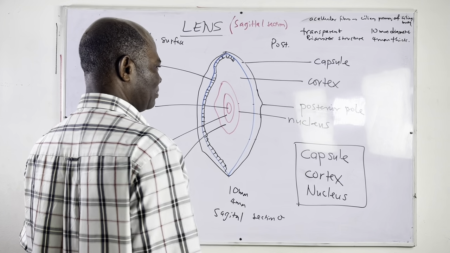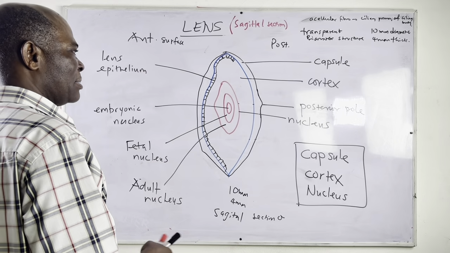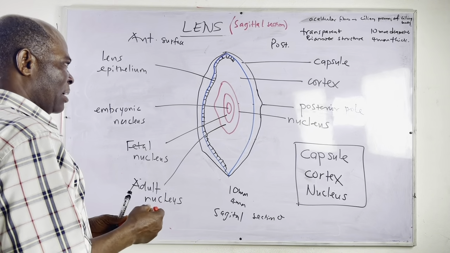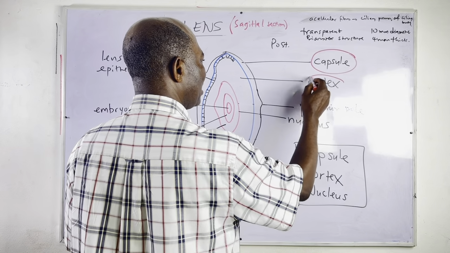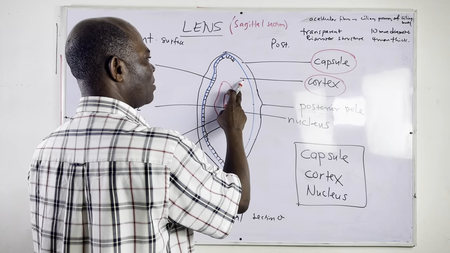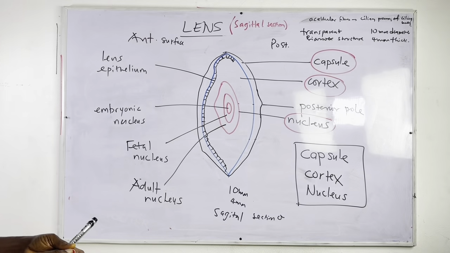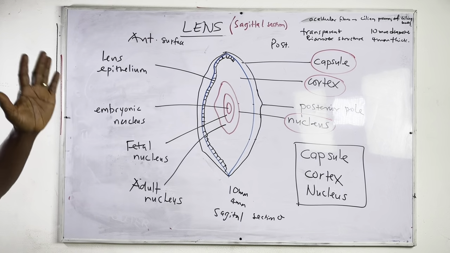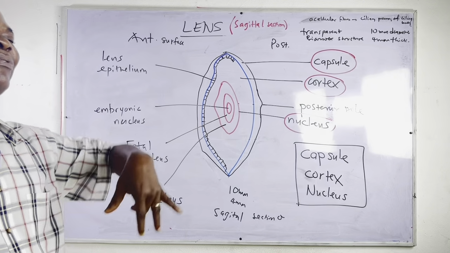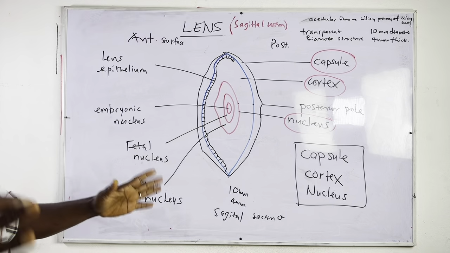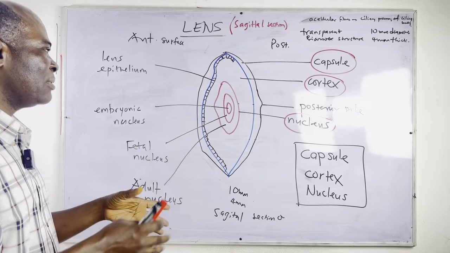So the next inner layer is the cortex, then the innermost layer, the nucleus. So think 3, we have 3 main layers. The other details you can now fill in. You need to just tease out that there are 3 big layers, and then after that you can tease out and go deeper.